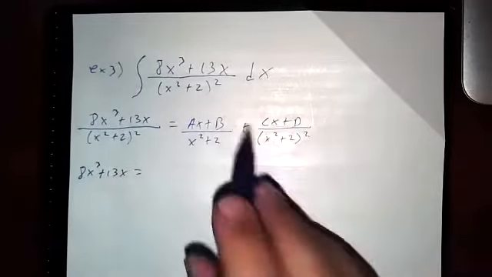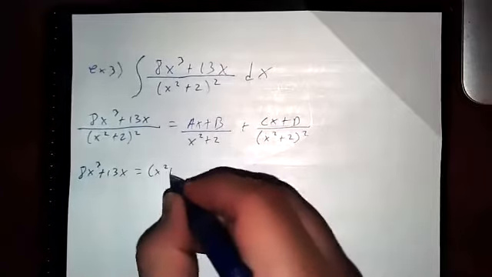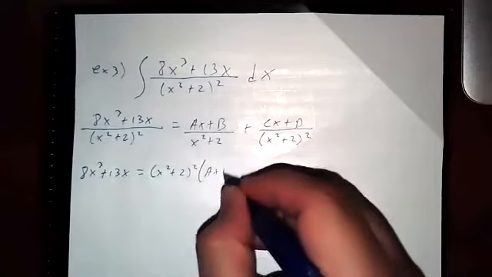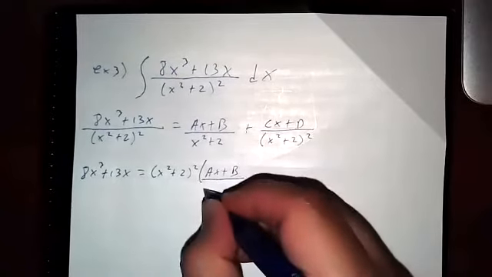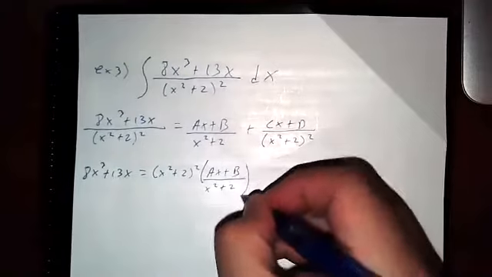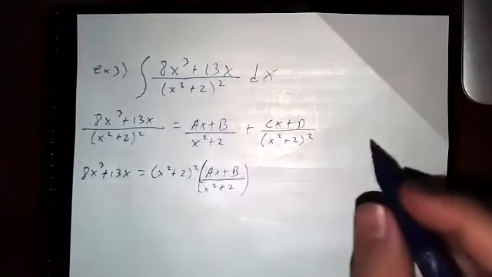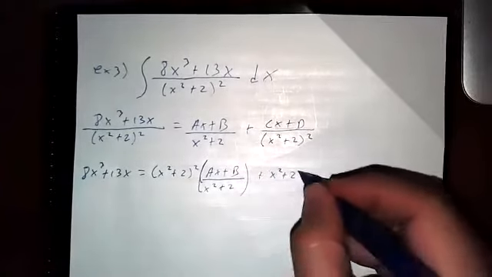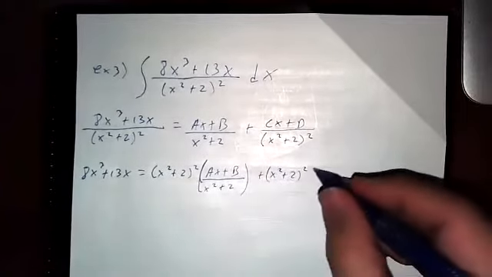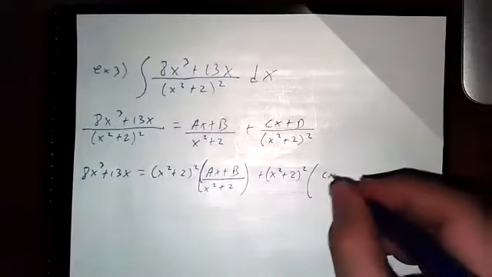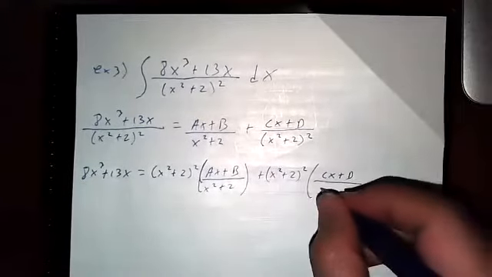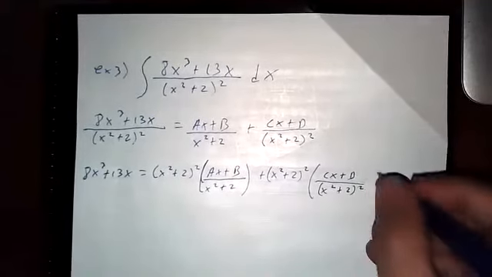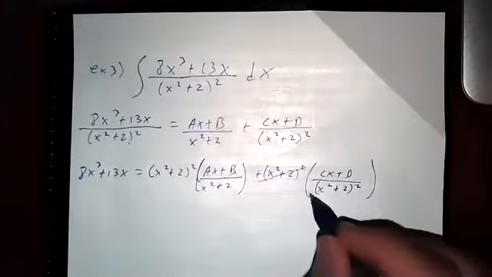So these two multiply by x plus 2 squared, plus same thing on the next one. And so these will cancel completely.